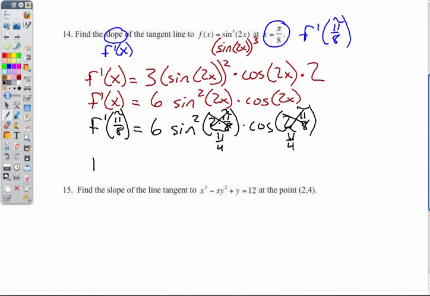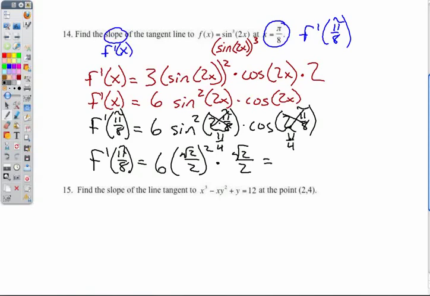So our derivative at pi over 8 is going to be equal to 6 times sine squared of pi over 4. Well, sine of pi over 4 is the square root of 2 over 2. And since we're squaring the sine, we have to square the square root of 2 over 2. And then the cosine of pi over 4 is also square root of 2 over 2.